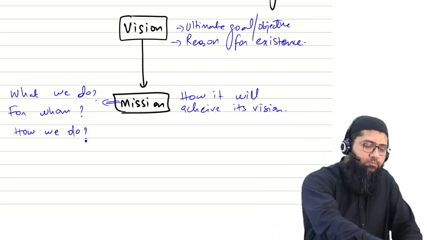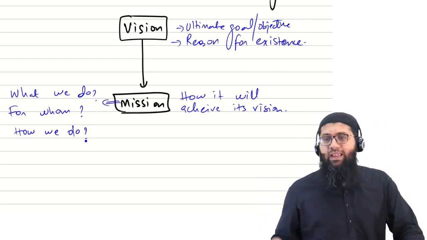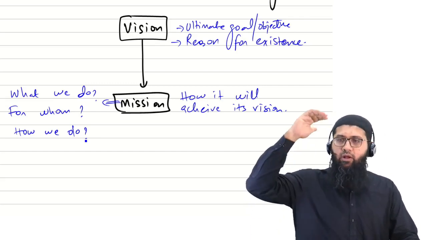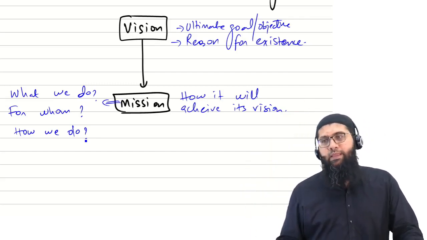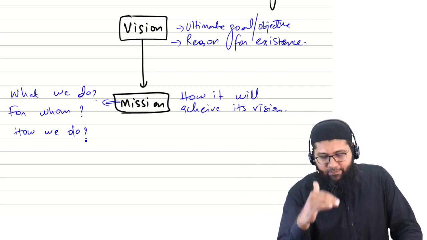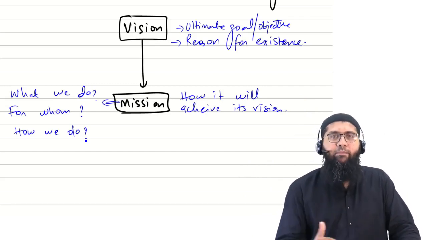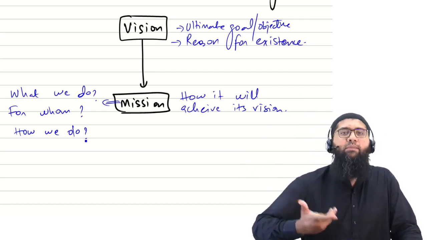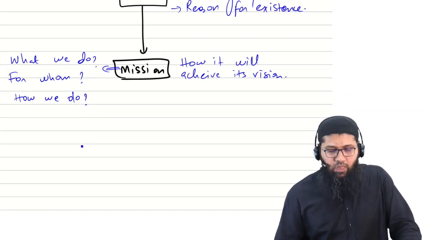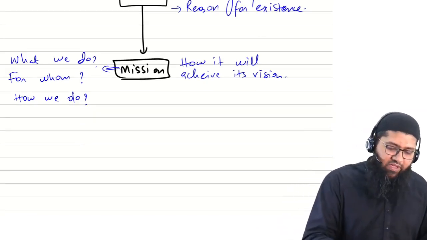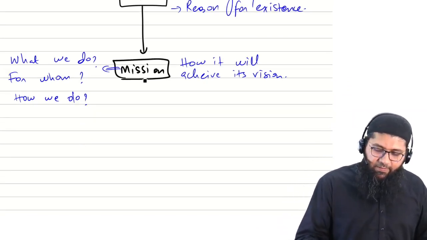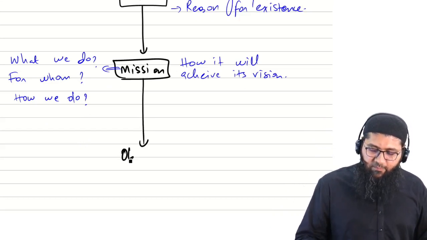Now, let's just try to understand. You've got an organization's ultimate goal. That ultimate goal is translated into the mission. That is how you will be able to achieve everything. Then from the mission statement, there are the objectives.